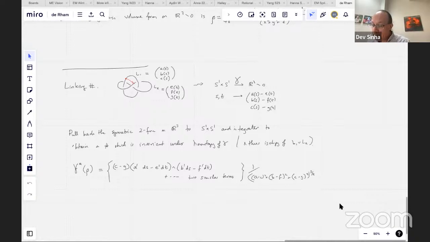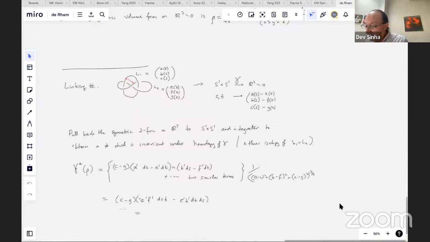And so I get c minus g. I'm going to get a prime f prime, and I'm going to have a minus that ds dt minus e prime b prime dt ds.